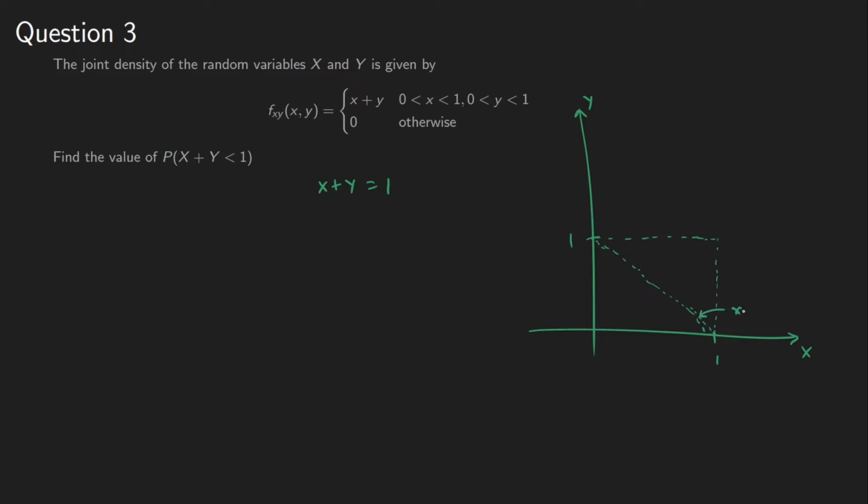Clearly you can see that when you add x and y on this side of the line, x plus y is greater than 1. On this line it is equal to 1, and on this side it will be less than 1.